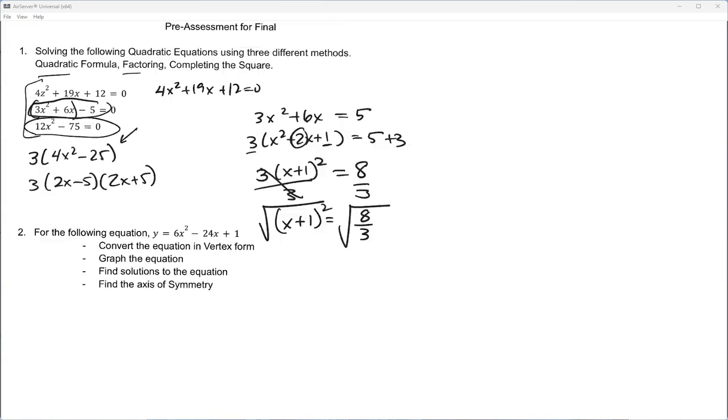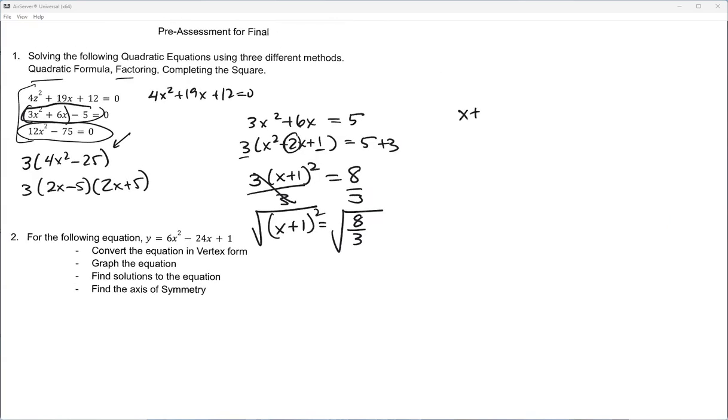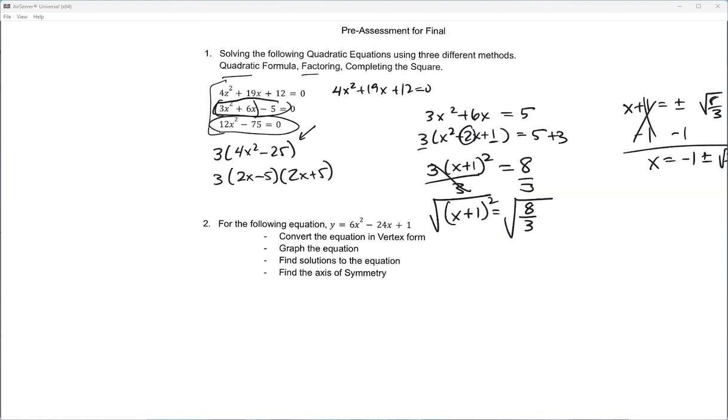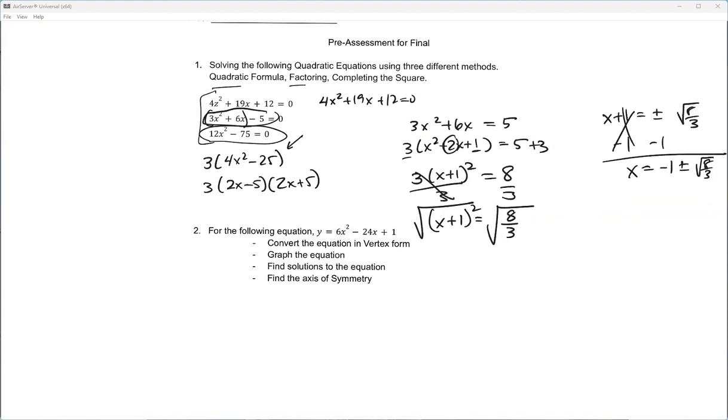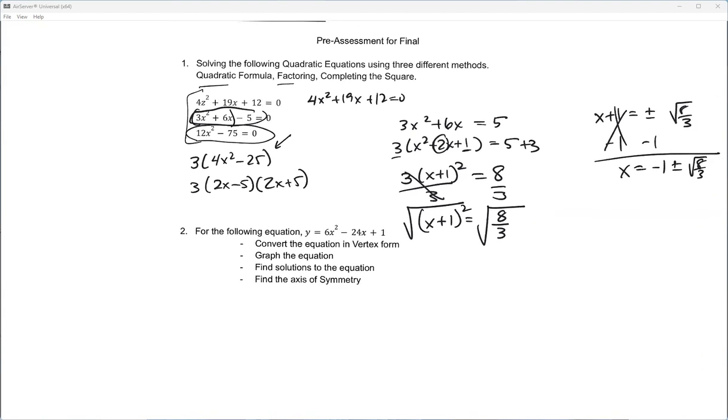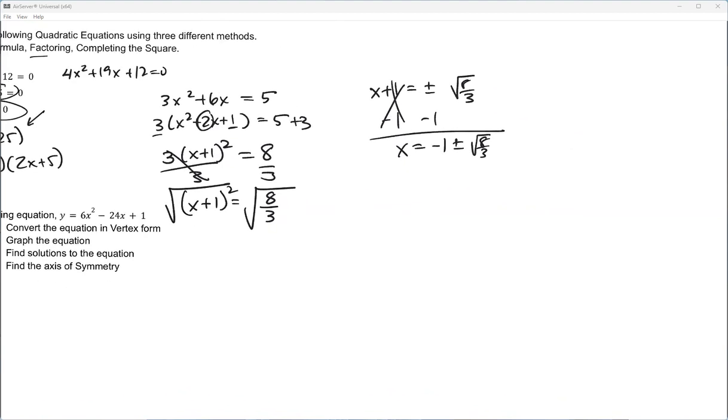So x plus 1 is equal to plus or minus the radical of 8 over 3. And then you subtract the 1. So x is equal to negative 1 plus or minus the radical of 8 over 3. All right. It also did tell you to solve, so these are the solutions here.